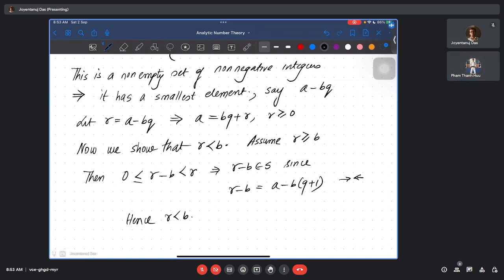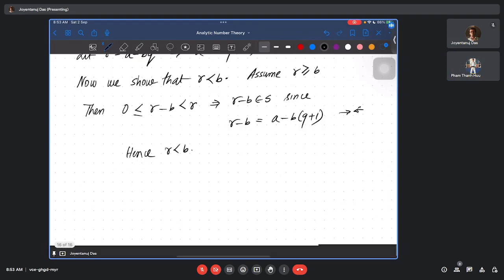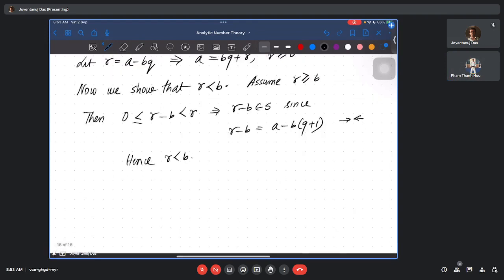So now we have to show that this pair q and r is unique, right? Again we assume for contradiction. Suppose (q, r) and (q prime, r prime) are two pairs that satisfy the condition, that is a equals bq plus r, and also bq prime plus r prime.